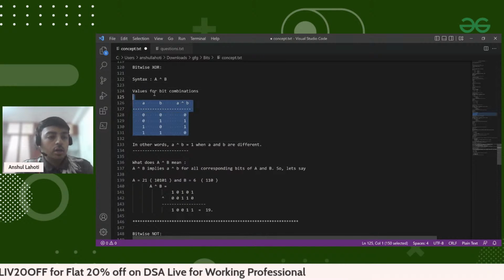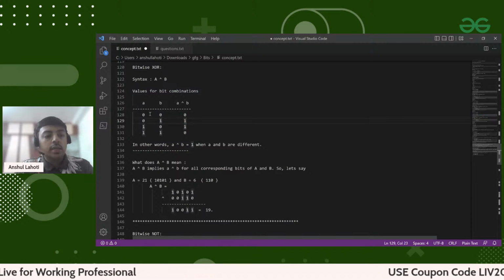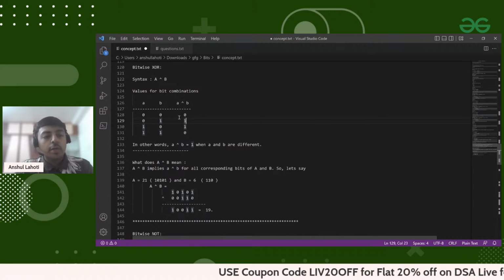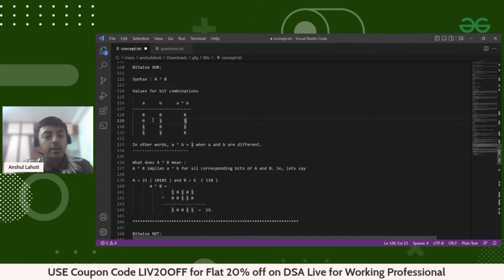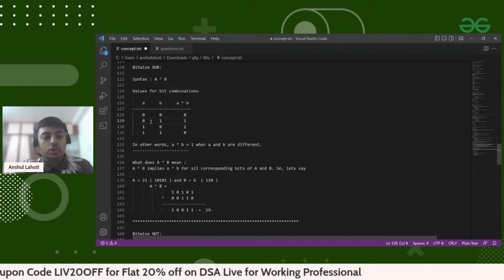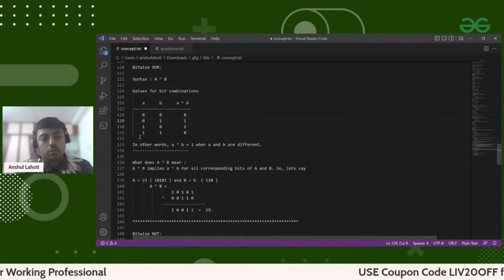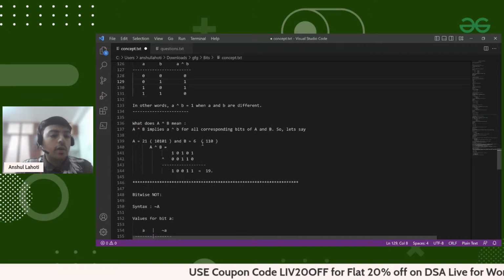So 0 XOR 0 is 0, since both the bits are the same. If both the bits are different, we get 1. So 0 XOR 1 is 1, 1 XOR 0 is 1, and 1 XOR 1 is again 0, since both the bits have 1 in the value.